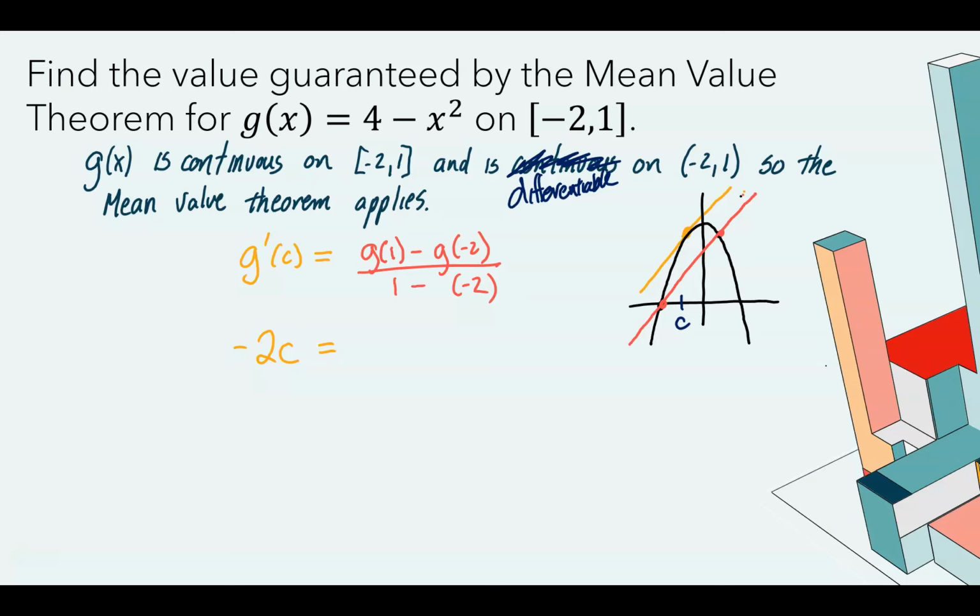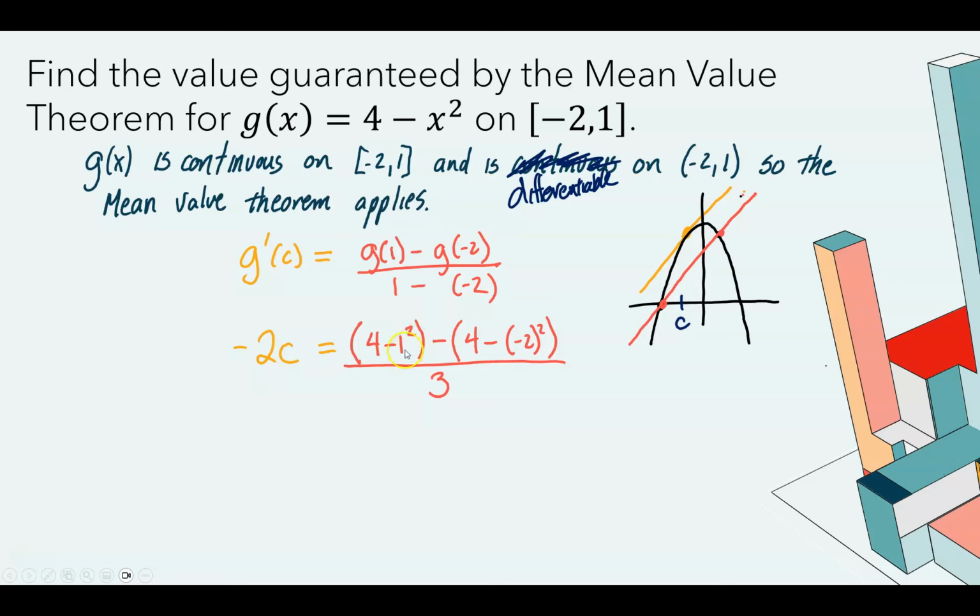So g prime of c, that's a pretty easy derivative. Derivative of 4 is 0. Derivative of negative x squared is negative 2x, and you put in c and get negative 2c. I'm going to write out the work for g of 1, 4 minus 1 squared, and then minus 4 minus negative 2 squared. And hopefully you can see this big chunk is going to be 0.